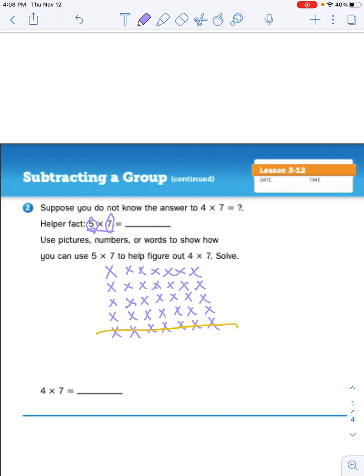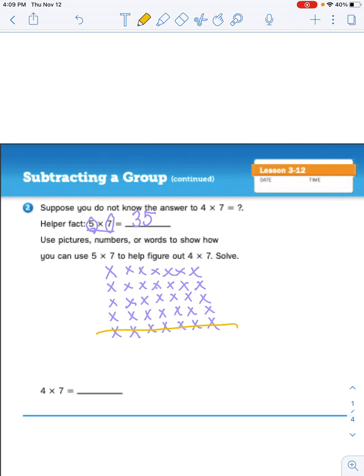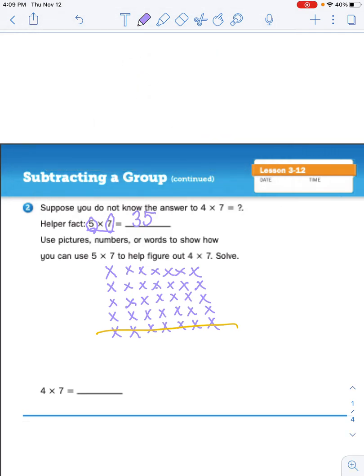If you didn't know 5 times 7, which I'm guessing you do because you count by 5s, you could count up the x's, but 5 times 7 is 35. Now this is when I should have crossed out my row, so pretend I'm crossing it out now.